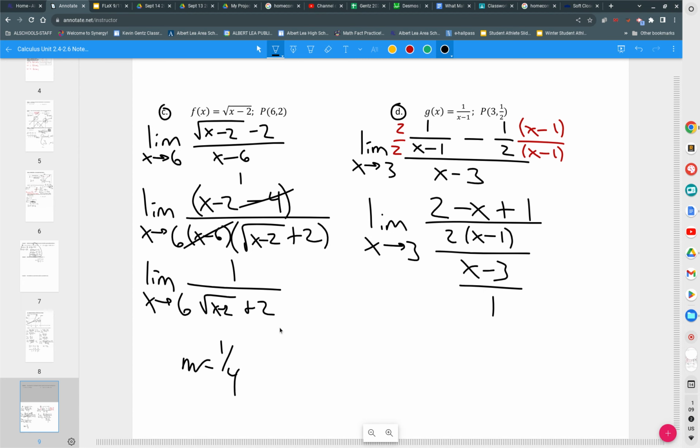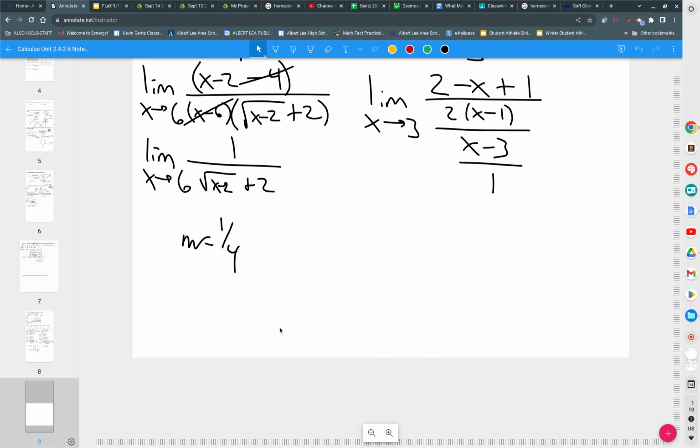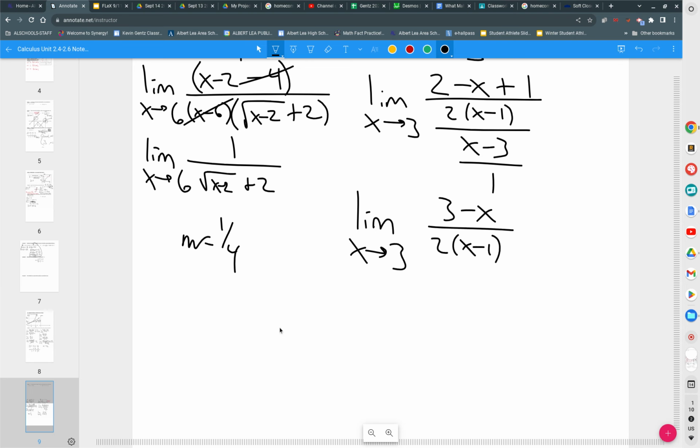Beautiful. I may not see what's going to cancel right away, but I am going to show patience in this situation. Patience is a virtue. And at the top, I have the limit as x goes to 3 of 3 minus x over 2 times x minus 1, all over x minus 3 over 1.